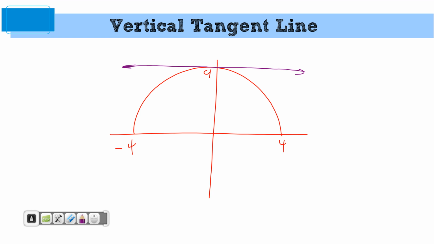As I start moving to the right, what's going to happen to the slope of that tangent line? It's going to be negative slope. Good. Looks something like this. And then what happens if I go to 3? Just keeps getting more negative. And then I go to 3.5. Even more negative. 3.75. Even more negative. 3.8. More negative. Till eventually I get really, really close to 4. What's the tangent line going to look like?